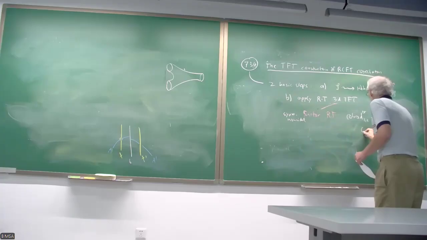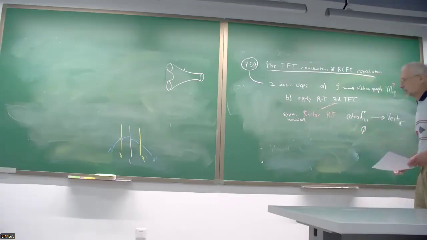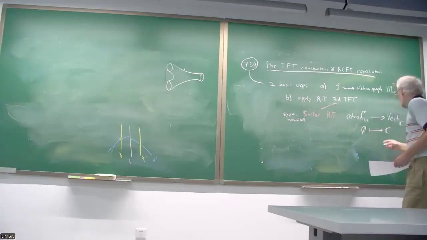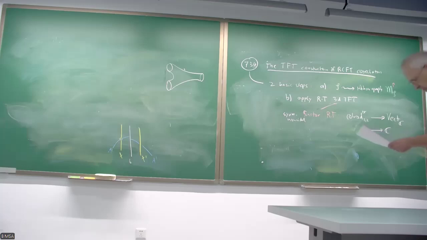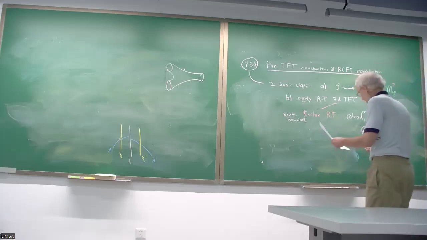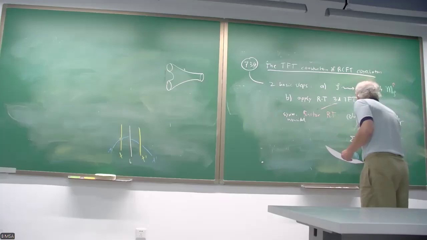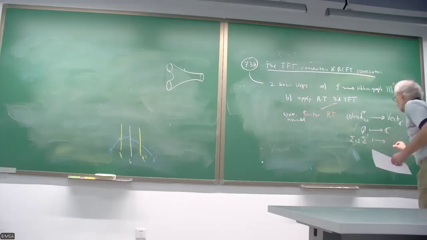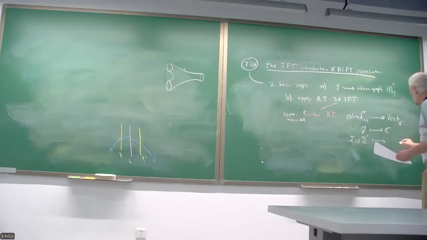So in particular, if I take the empty set as a two-manifold, this will go to the monoidal unit in vector spaces, C, and if I take a disjoint union, this will go to RT of sigma tensor product over C with RT of sigma prime.